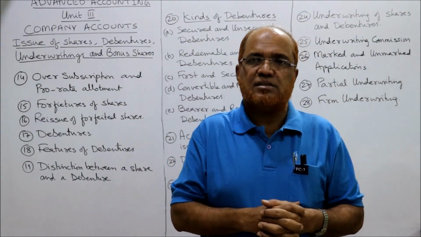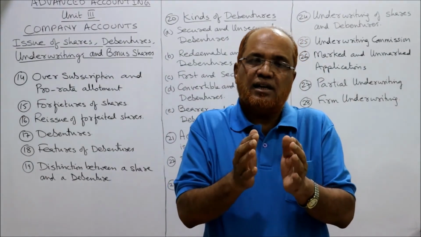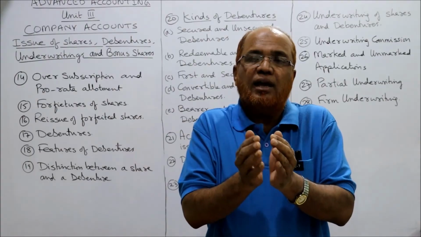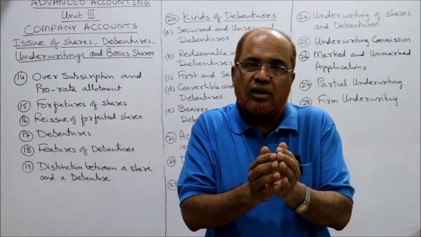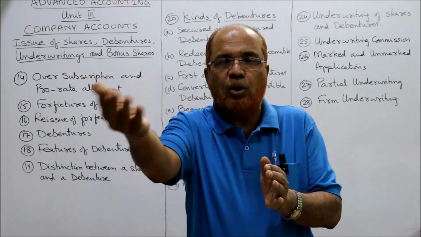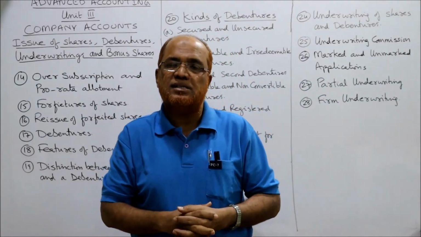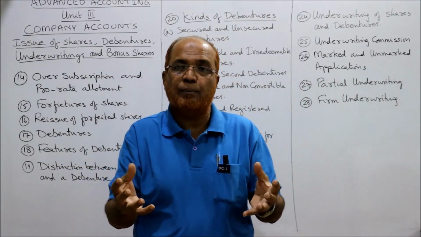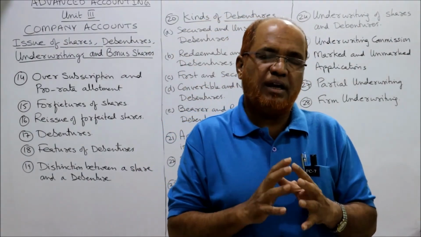But no interest will be carried on these debentures. These debentures will stand only if the company is unable to pay the interest on time to the bank, or is unable to repay the loan amount to the bank. Then only this collateral security of debentures will become active. Otherwise, it will be inactive.